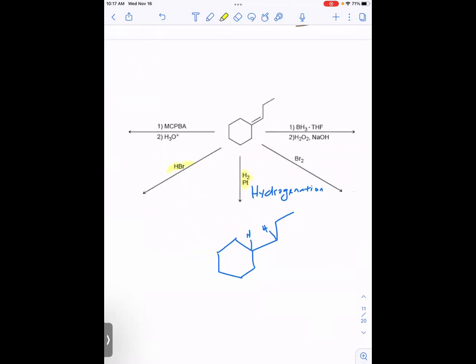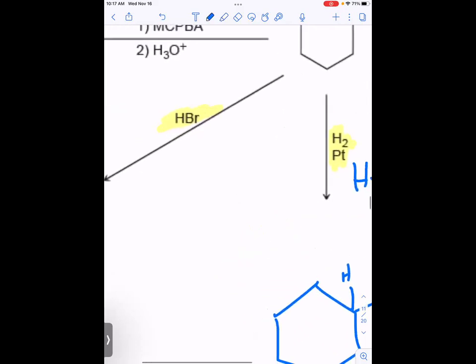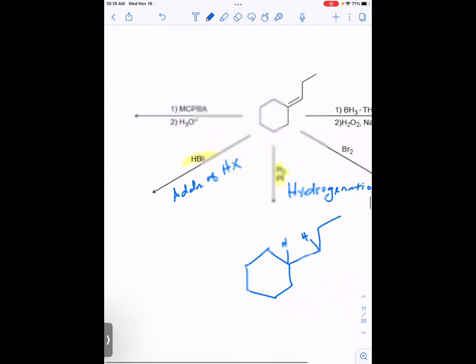All right, what about this reaction right here? What am I going to do there? And what's the name of it? So this is addition of HX, is that right? And we've seen that already. What happens here? What am I doing?